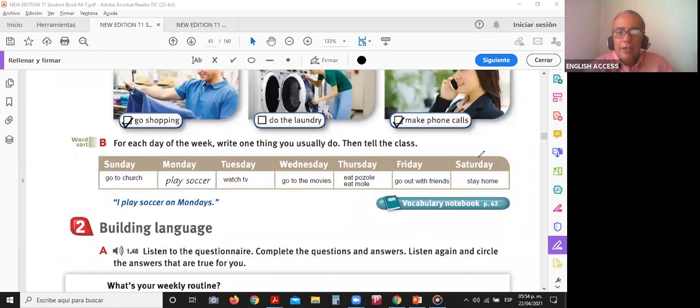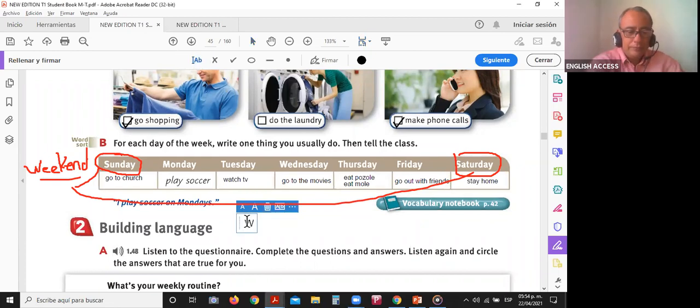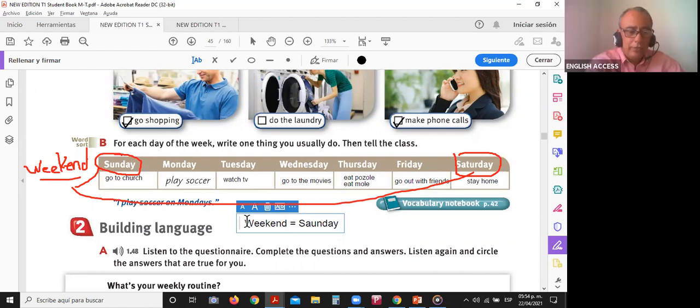The weekend is Saturday and Sunday. The weekend means fin de semana. So we have Sunday and we have Saturday. That's the weekend. Remember this, please. You can write it down. Weekend, Sunday, Saturday.